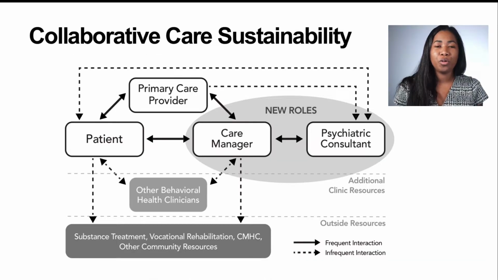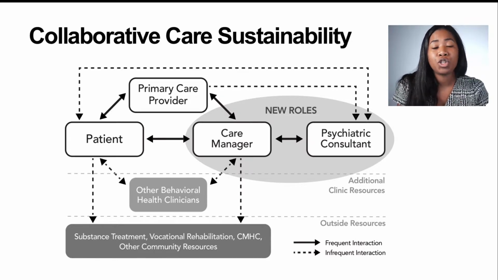So now that we know a little bit about implementation strategies and how to operationalize and select the right implementation strategies for your given set of barriers to implementation, let's focus on an example. Collaborative care is a program that's been around for quite some time. This program incorporates care managers who collaborate with psychiatric consultants to provide stepped depression care in primary care clinics.